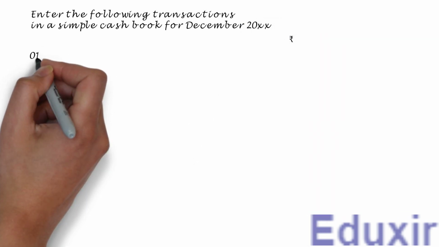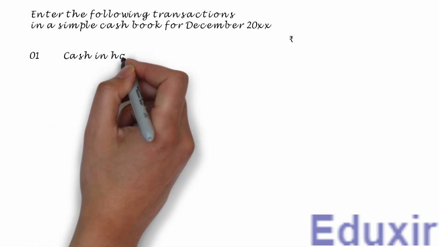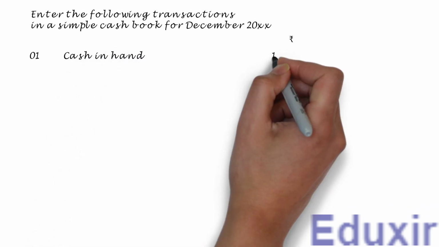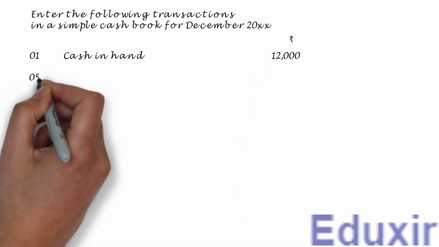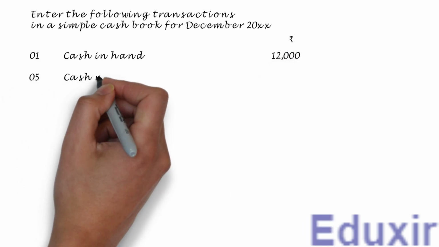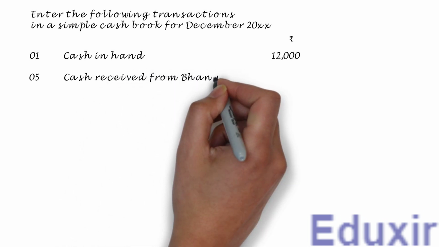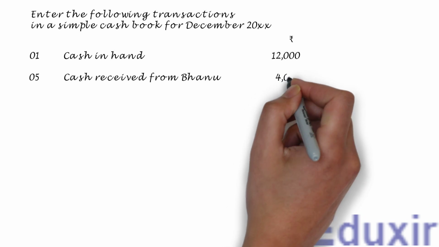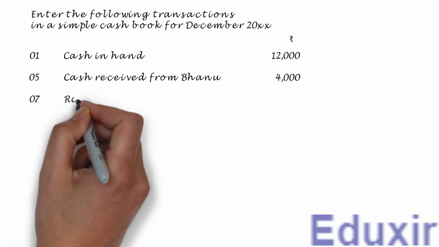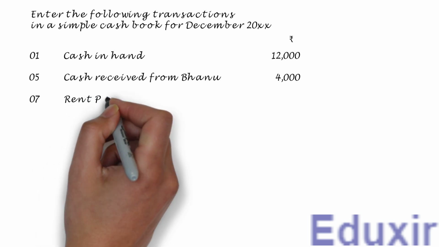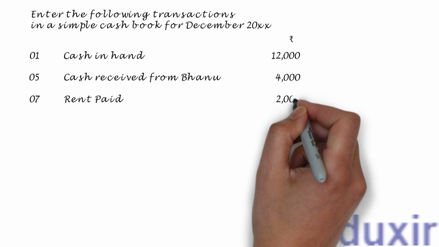On 1st December, cash in hand 12,000 rupees. On 5th December, cash received from Bhanu 4,000 rupees. On 7th December, rent paid 2,000 rupees.